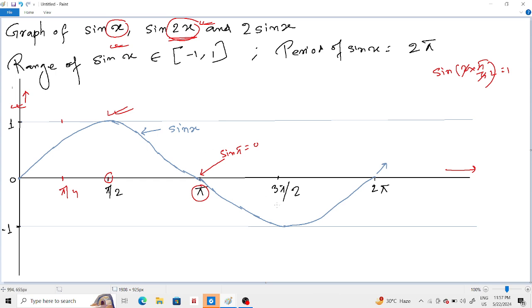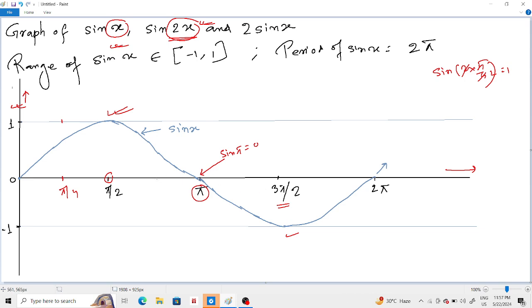Then what about 3 pi by 4? We see that sine x at 3 pi by 2 touches minus 1. So sine 2x is going to touch minus 1 at half of 3 pi by 2, which is 3 pi by 4.